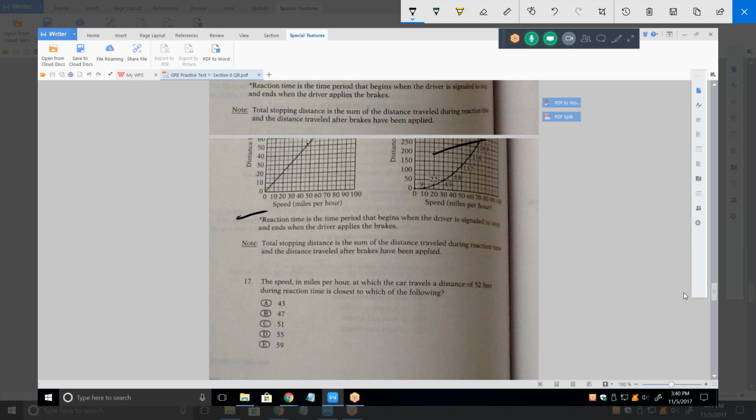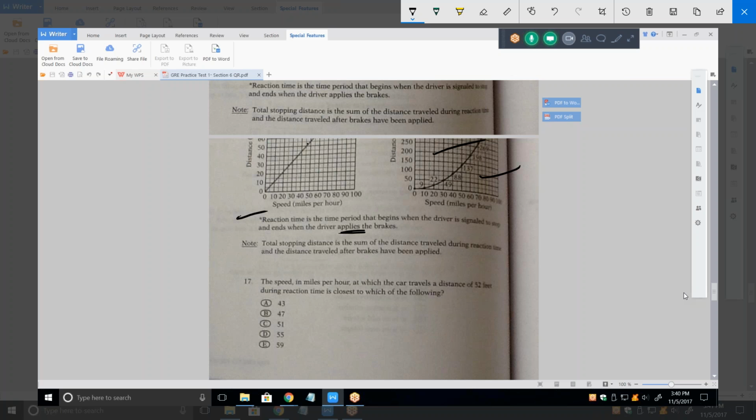Reaction time is the time period that begins when the driver is signaled to stop and ends when the driver applies the brakes. This chart over here on the right starts when the driver applies the brakes. Okay?